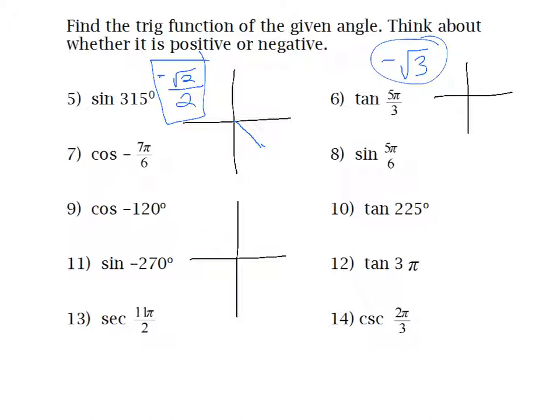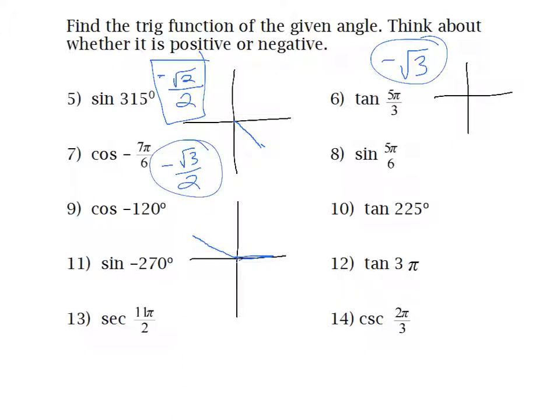Let's draw that in. We're looking for cosine. Cosine is your x value. If you look at that, that's going to be your long leg right there. That's going to be your root 3 over 2. But we're going negative, so it's a negative root 3 over 2.